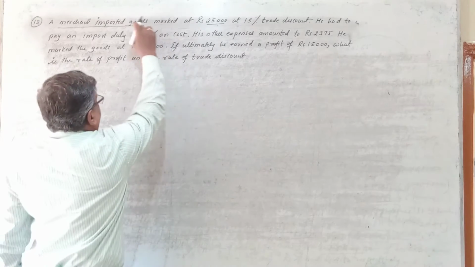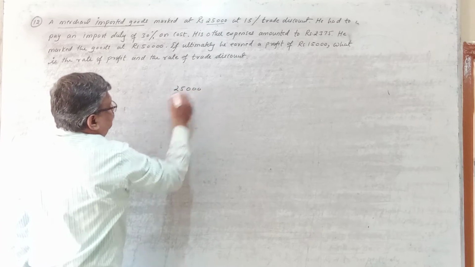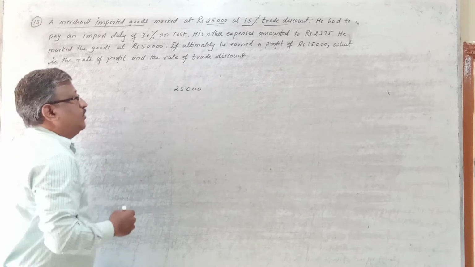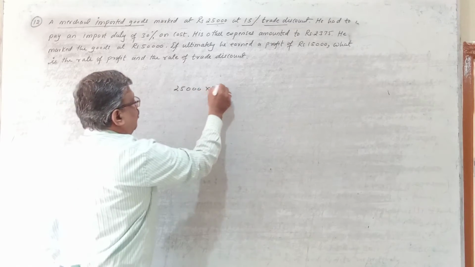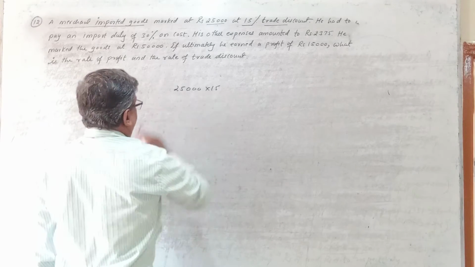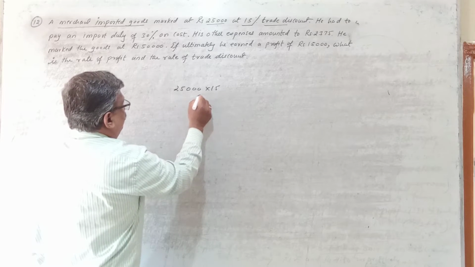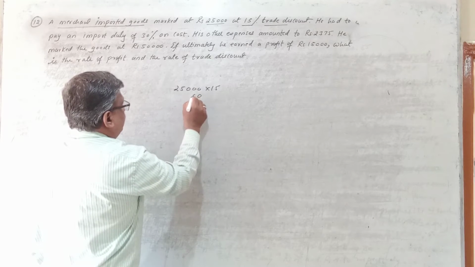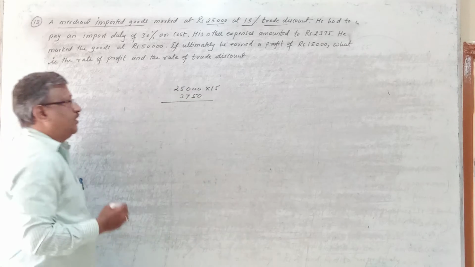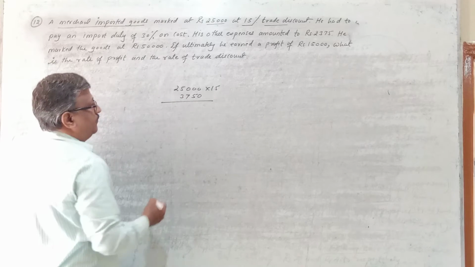He has imported the goods marked at 25,000 at 15% trade discount. This means the importer is getting 15% off. So on 25,000 you have to calculate 15%, which comes to 3,750 rupees.